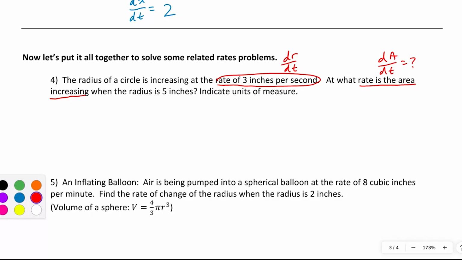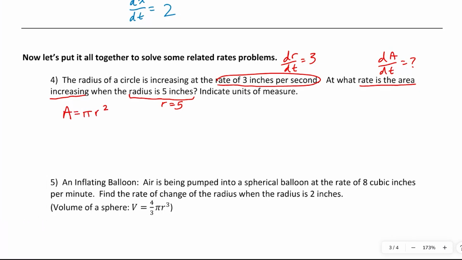What does that equal? dr/dt is 3. What is dA/dt when the radius is 5 inches? So the radius is going to be 5. So let's start with the known geometry formula. The area of a circle is pi r squared.